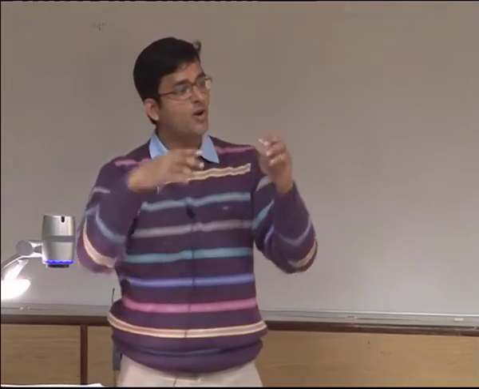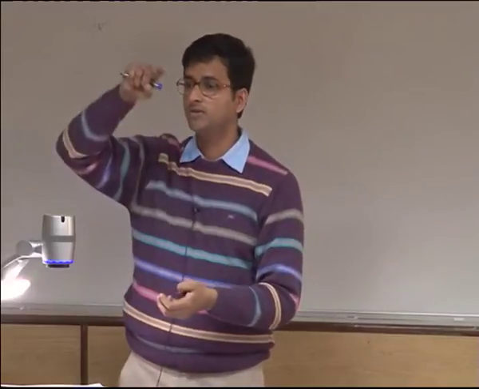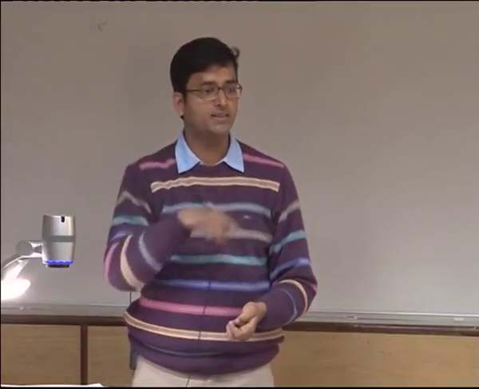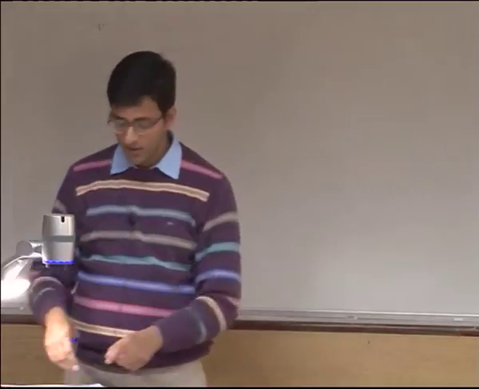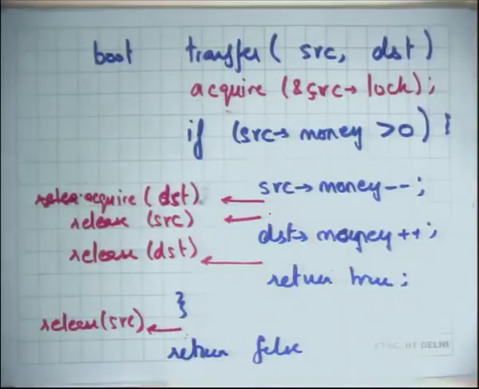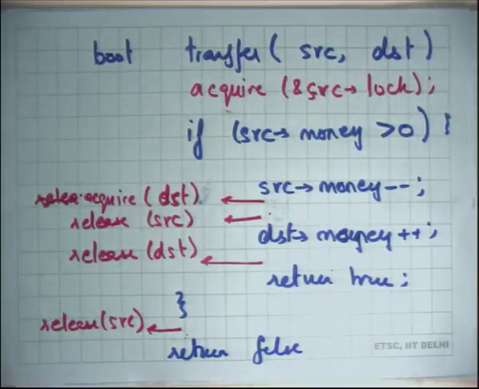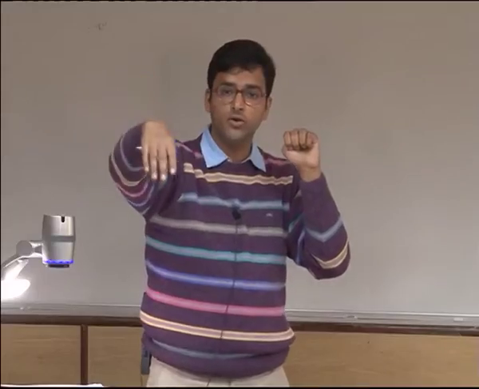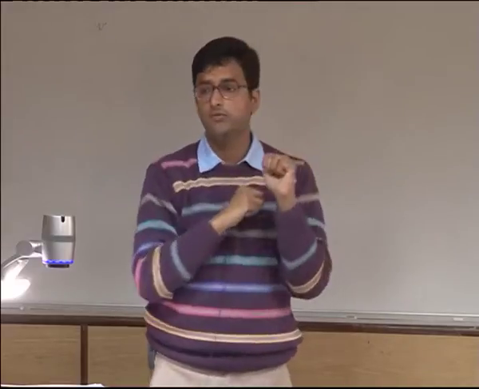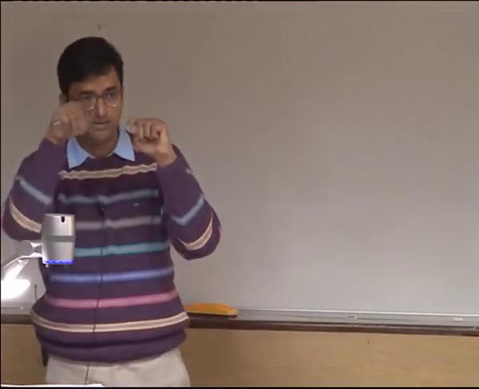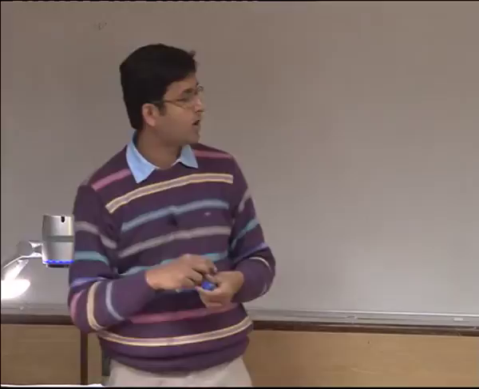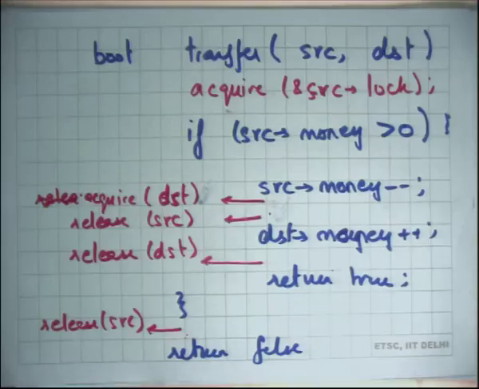When you have to take multiple locks at the same time, you have these problems of cyclic dependency. There's a cycle because I'm holding one lock and waiting for another lock, and that guy is holding the lock that I'm waiting for, and he's waiting for the lock I'm holding. So there's a cyclic dependency in the lock acquisition order. All right. So how do you solve something like this?